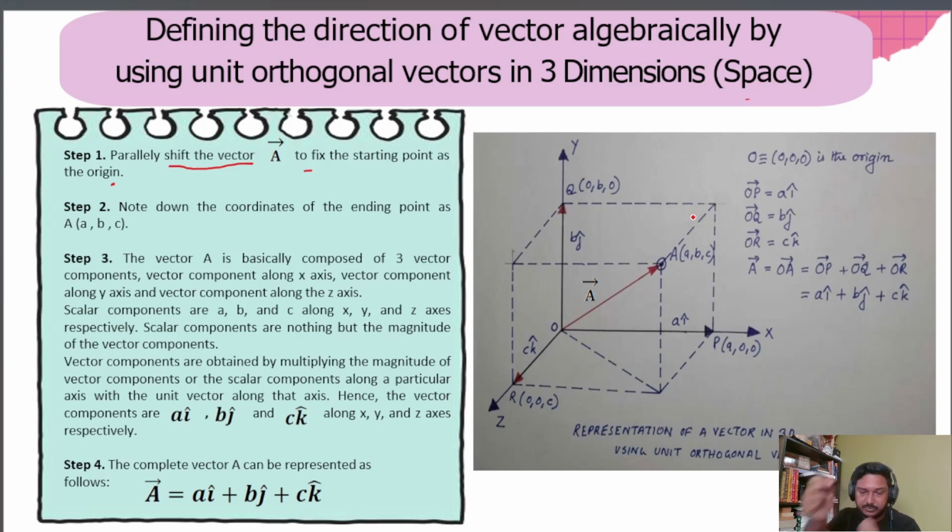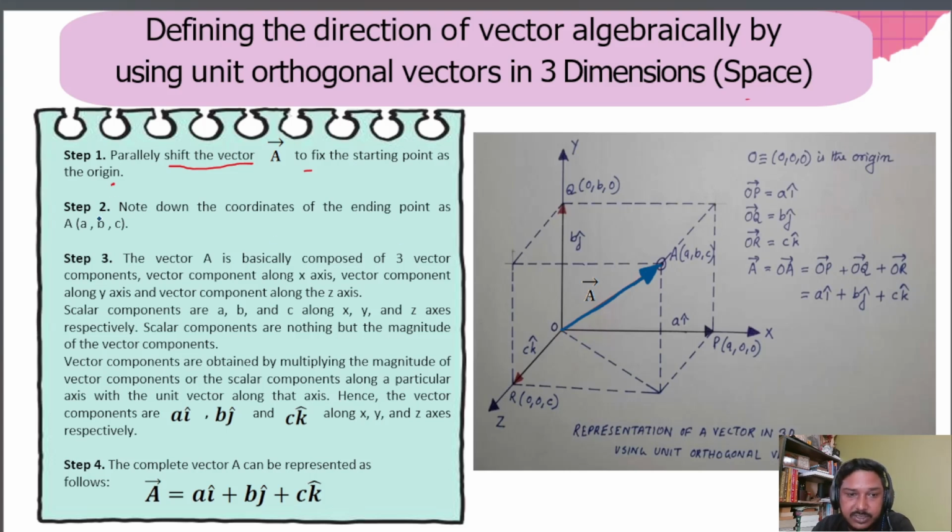As you can see in this diagram, let me use blue color, this is the origin here, and this is the other end, and this is the vector that I have drawn with the blue color. One end is at the origin. It was somewhere else, and I have parallelly shifted it to a place where one end is fixed at the origin.